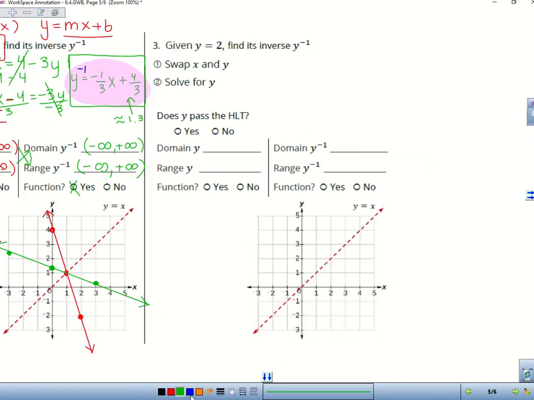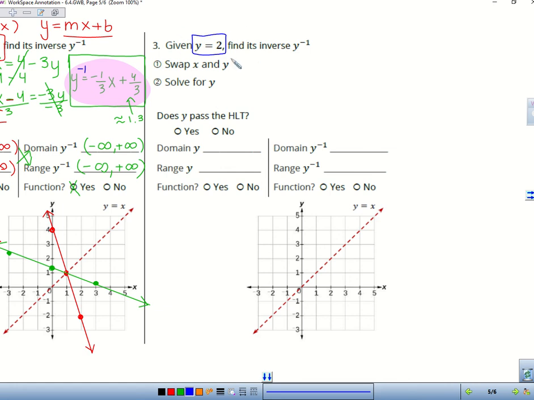All right. Anyway, so we have the equation y equals 2. Does anyone know what this graph looks like if I were to graph it? It's a straight line. Is it horizontal or vertical? Horizontal. So the inverse, any expectations on what you think the inverse is going to be? A vertical line.